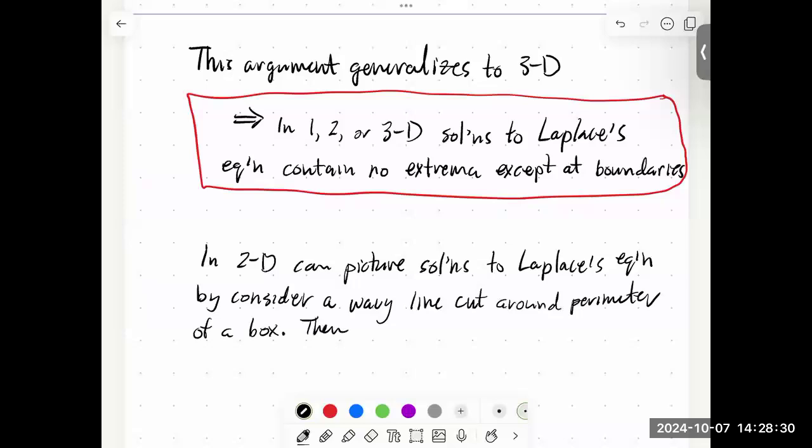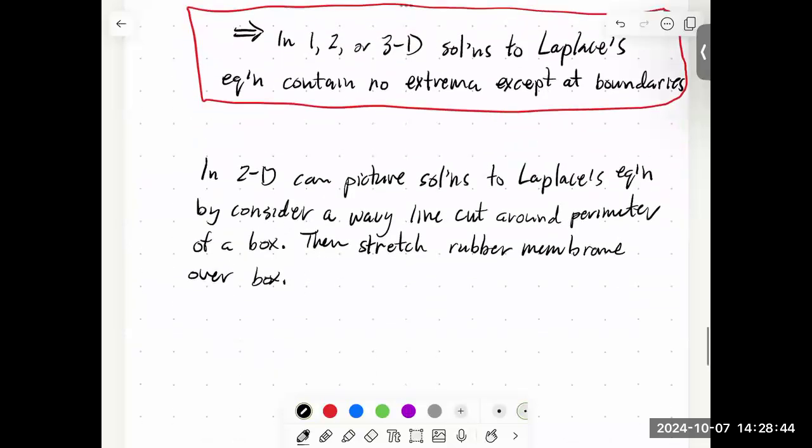Then we stretch a rubber membrane over the box. Okay.